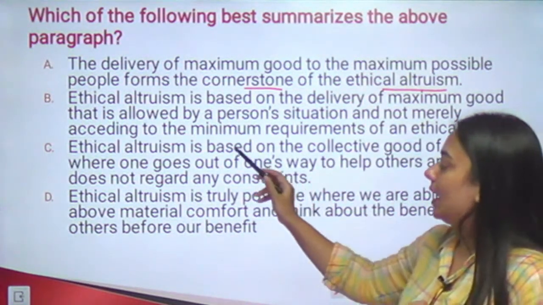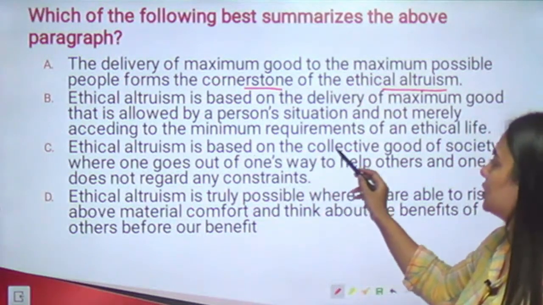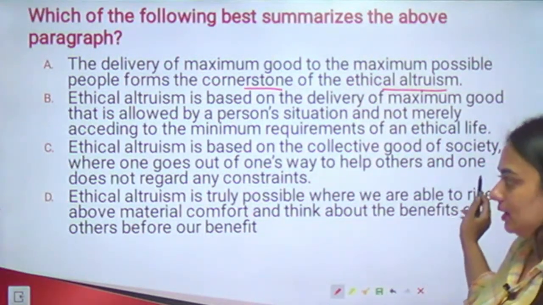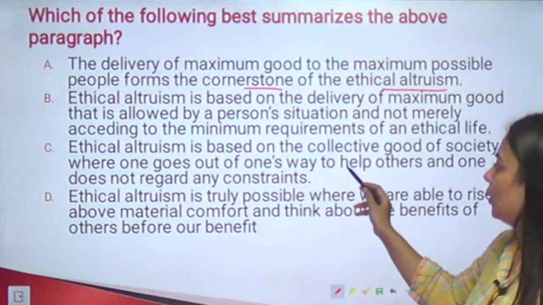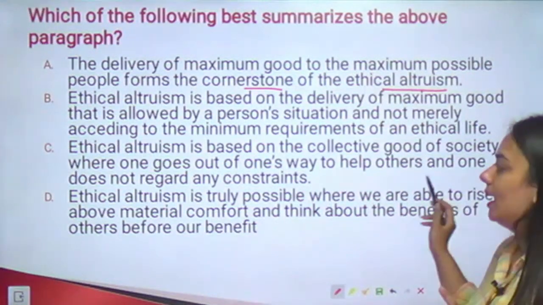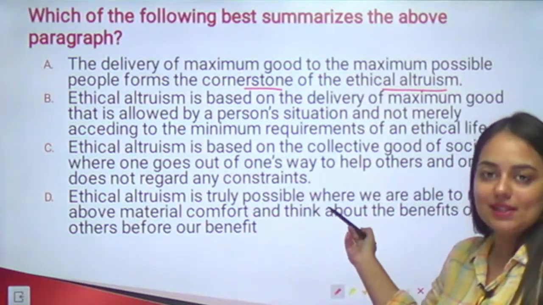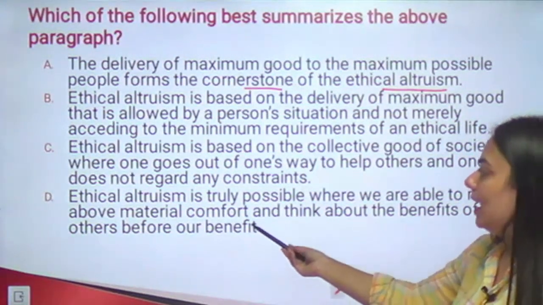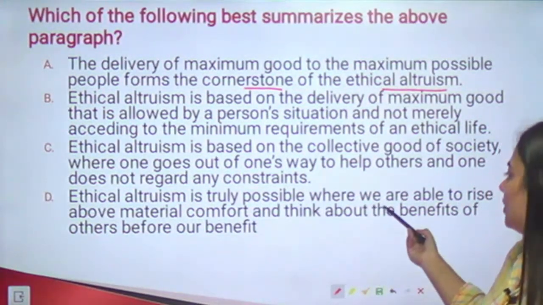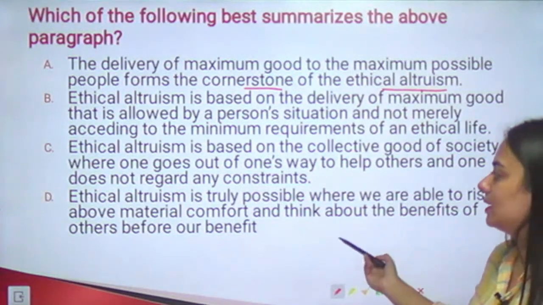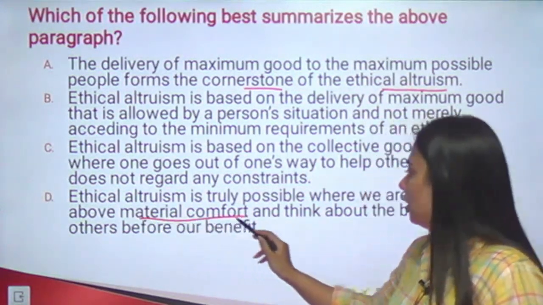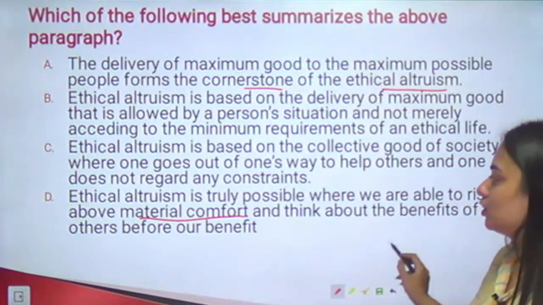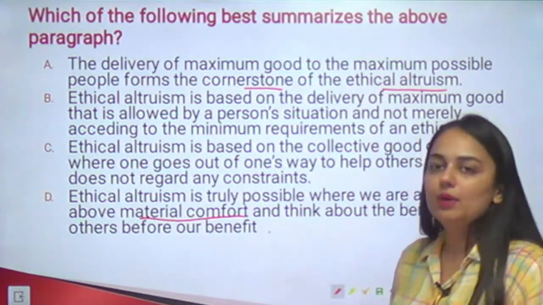Ethical altruism is based on the collective good of society, where one goes out of one's way to help others and one does not regard any constraints in that. So, helping the society. And the last one says, ethical altruism is truly possible where we are able to rise above our material comfort and think about the benefits of others before our benefit.